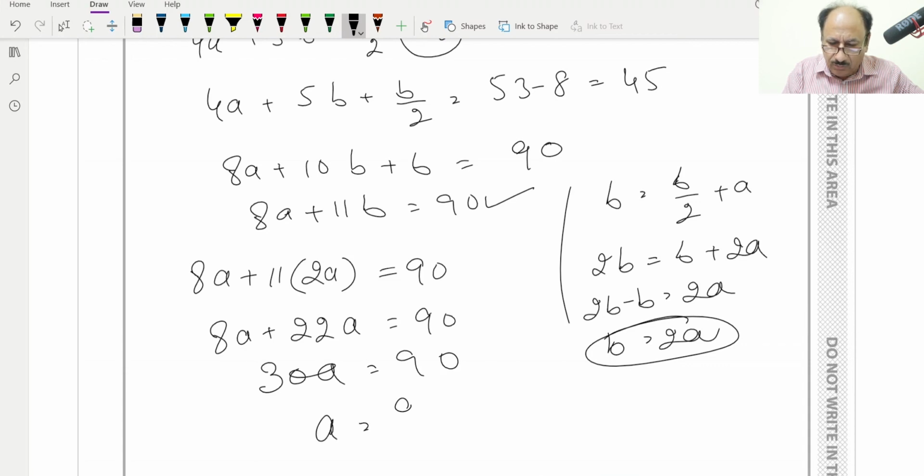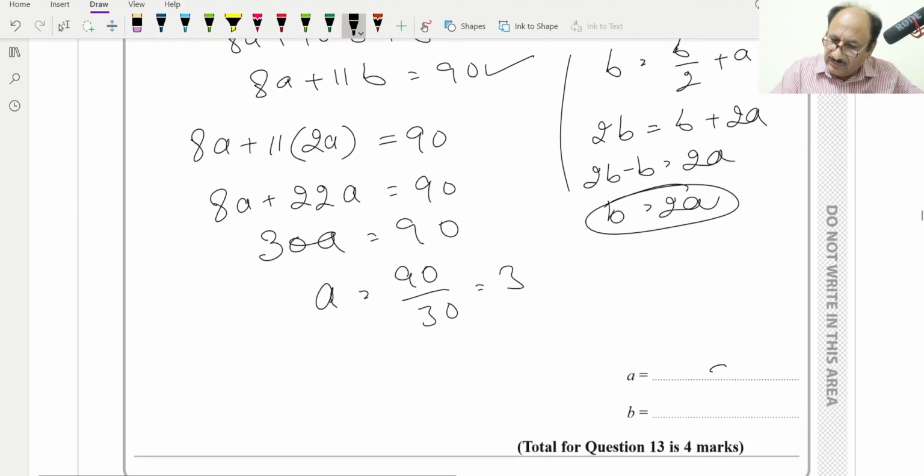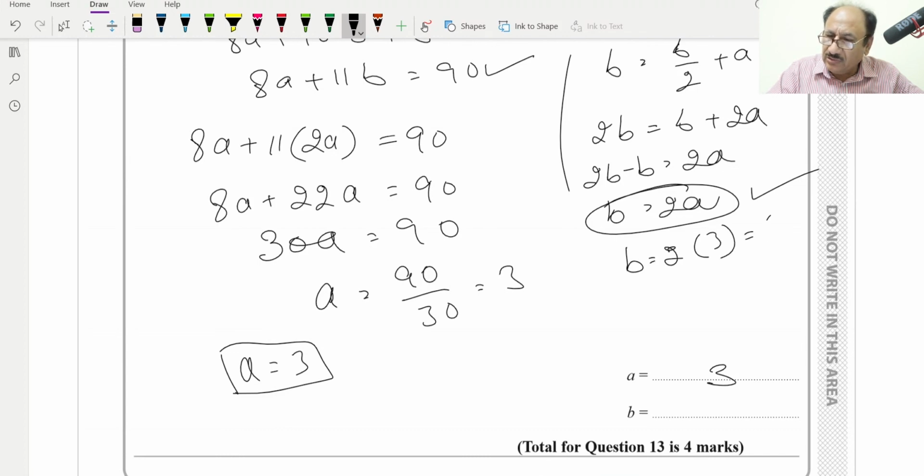A will be equal to 90 over 30, which is equal to 3. So we got the value of A as 3. If we replace in this equation, we will get B is equal to 2 into 3, which is equal to 6. So B value will be 6.